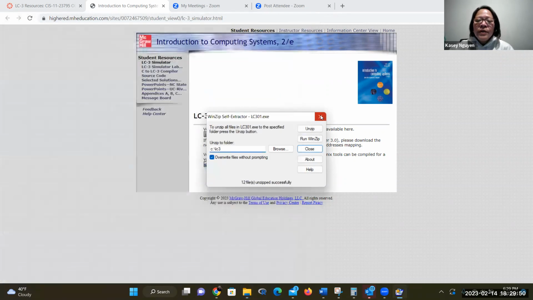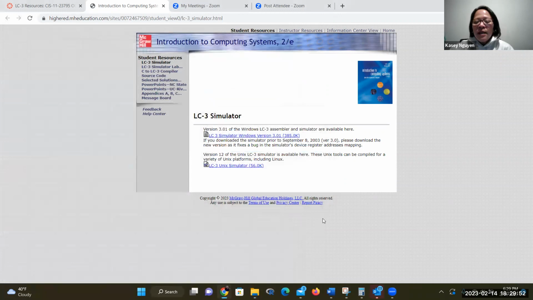So that's for the Windows people, right? And I know that all of you might not have all the same system, right? We are going to talk about how we're going to be able to simulate for Mac OS. So there is a Unix version. Now, keep in mind that they wrote this for Unix. So your Linux, right? It says that Unix tools can be compiled for a variety of Unix platforms.